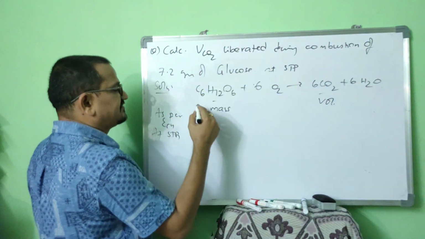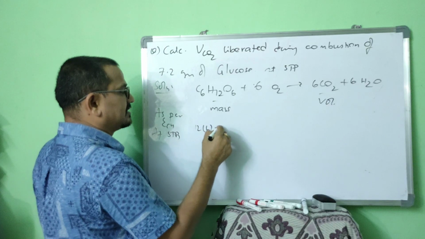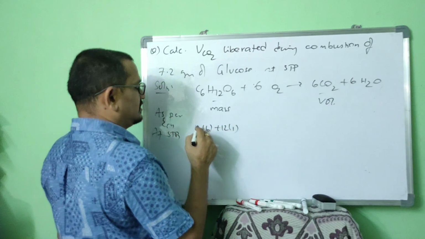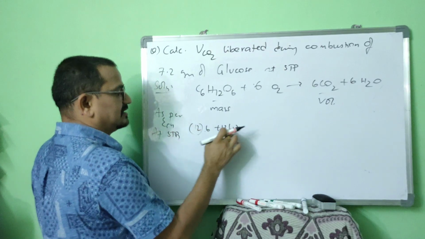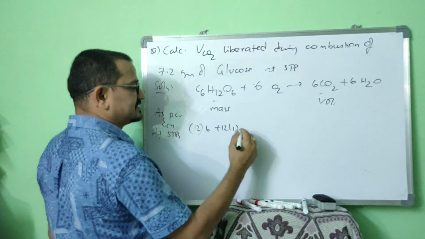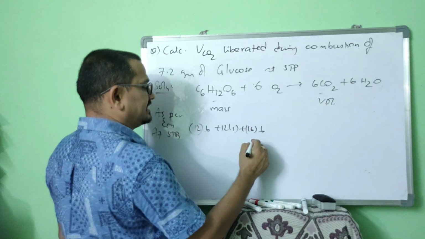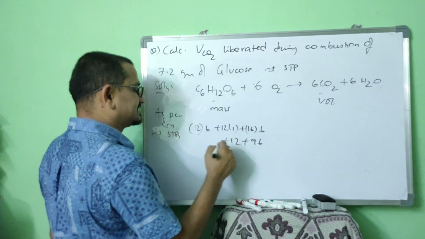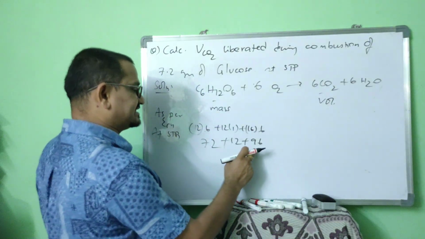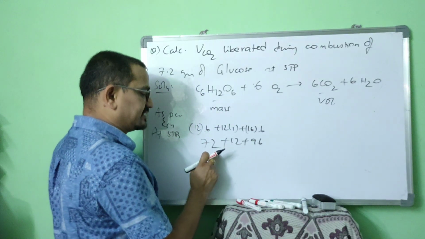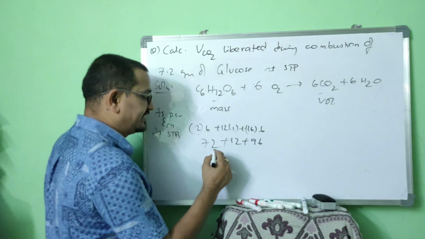What's the molecular mass of glucose? 12 into 6 plus 1 into 12 plus 16 into 6. It is 72 plus 12 plus 96, which is 180.